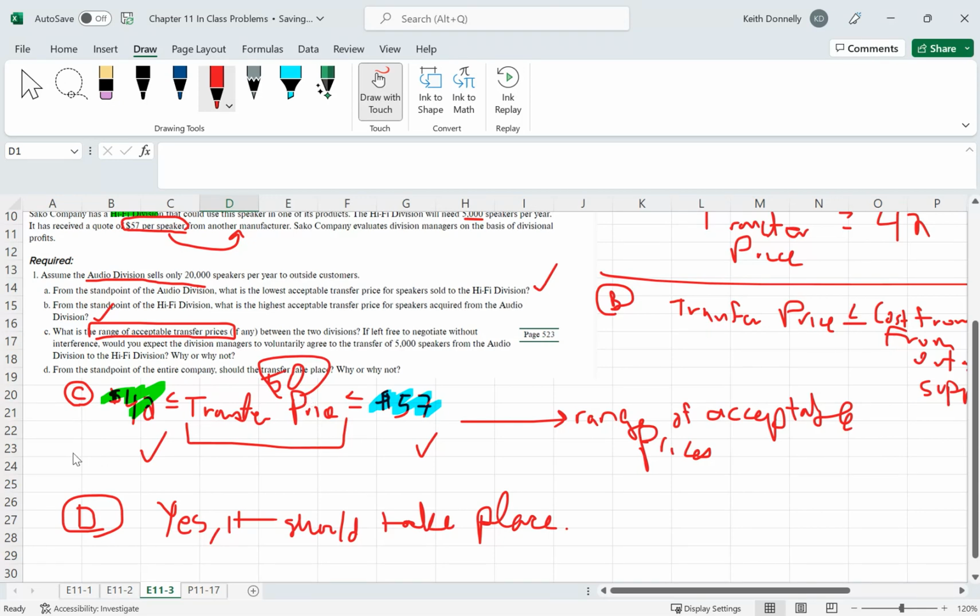In other words, $40 wouldn't cut it. That wouldn't make sense for the sellers because they're losing money. Likewise, $60 isn't going to make sense either. We're not going to pay $60 when we can buy it from someone else for $57. So this is the range of where it makes sense. That's what they mean by acceptable prices.